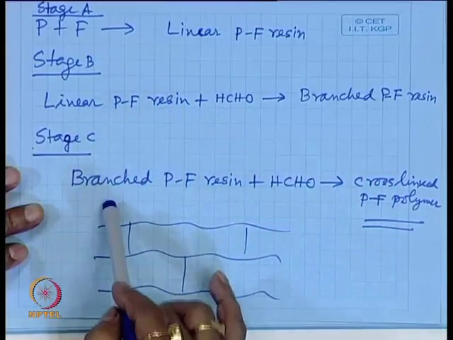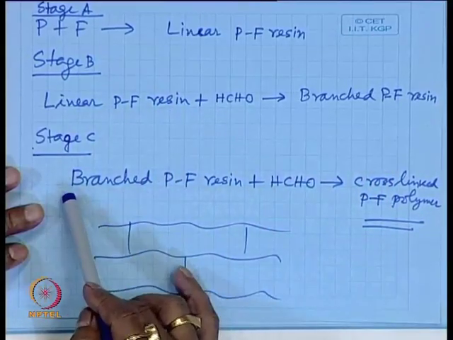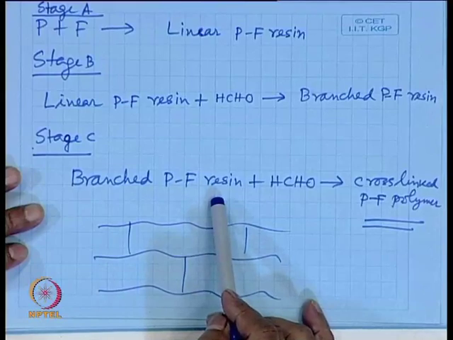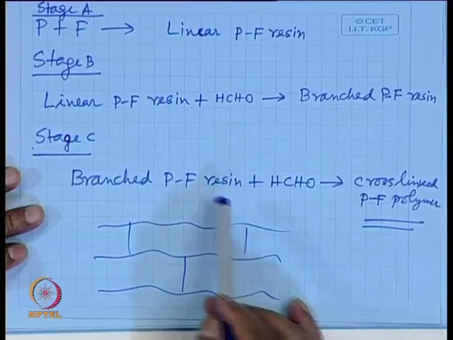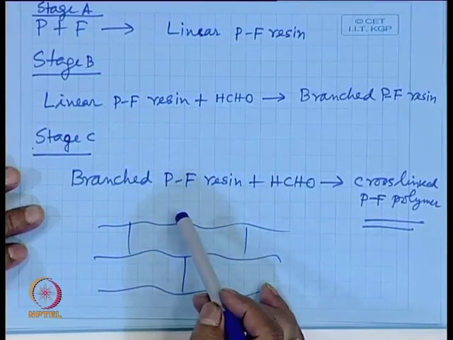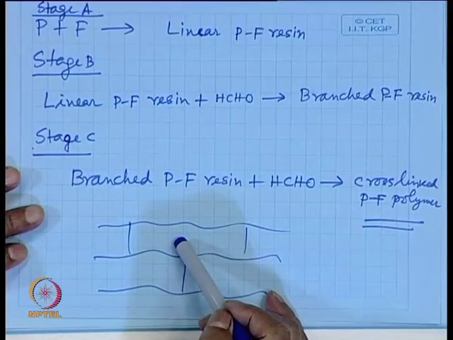But on further heating that leads to a C stage polymer, which is thermoset. This is an irreversible change. These thermoset polymers are infusible by heating; they cannot be fused or melted by heating.